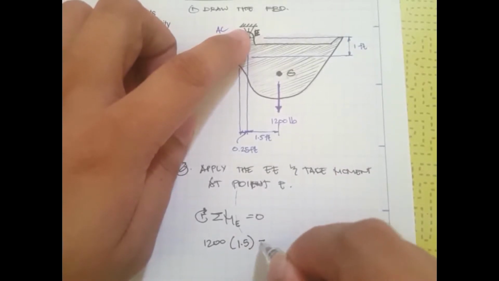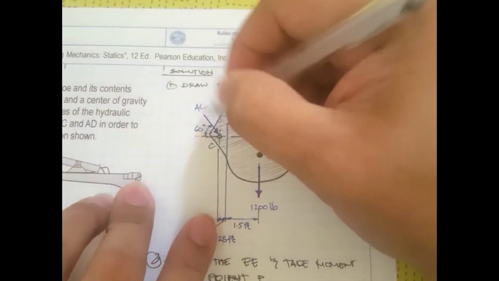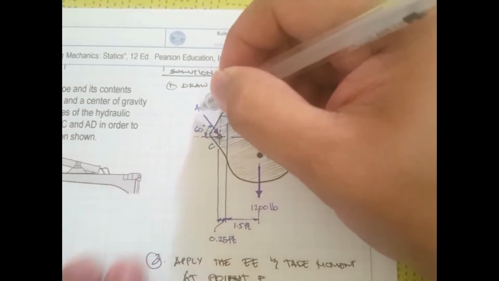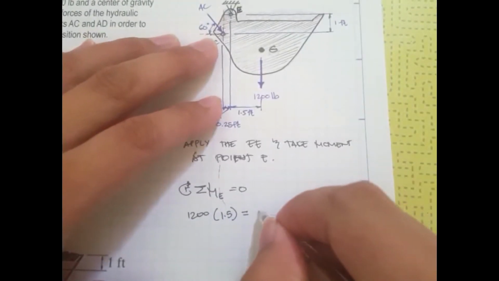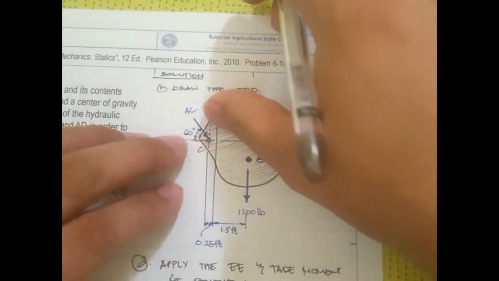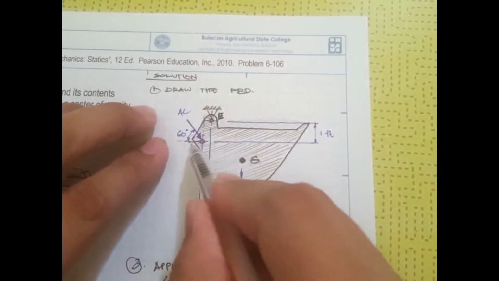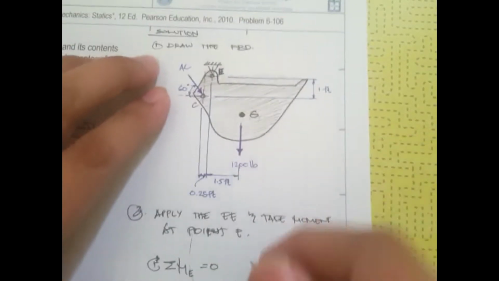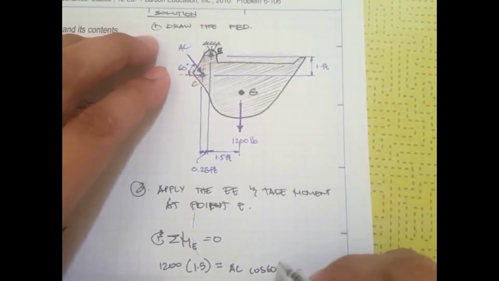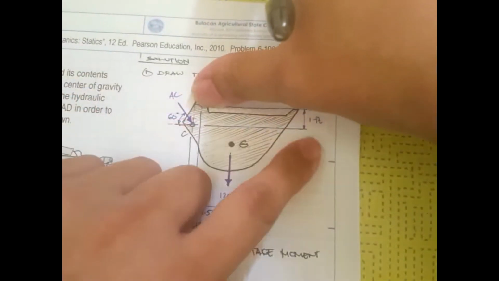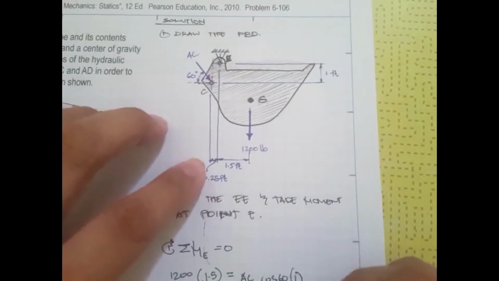1.5 is equal to AC. Anyways, this is just simple, so let's just write AC cosine. I'll take the X component, so AC cosine 60 times the moment arm distance of 1.